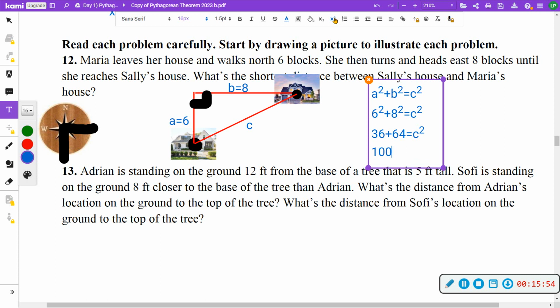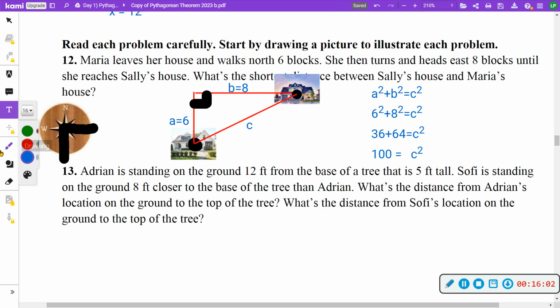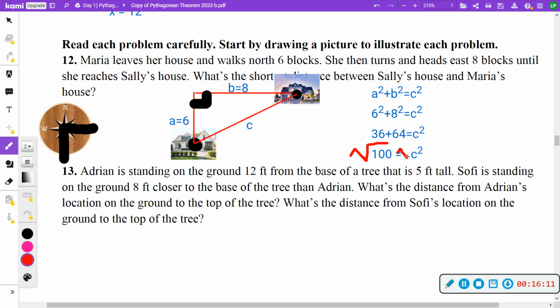So 100 equals C squared, and then I would take the square root of both sides. Cancel out the square and the square root, and I get C is 10.